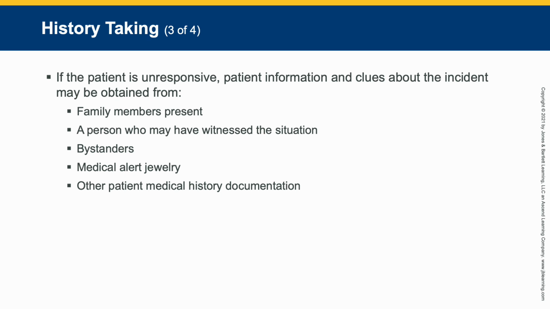You also want to check for medical alert jewelry, prescription bottles, hospital discharge papers, because these can offer really valuable insight. So if you're in the patient's home, observe your surroundings. Are there oxygen cylinders nearby? Are there inhalers? Evidence of drug use? Because these clues can fill in the blanks when the patient can't speak, right?